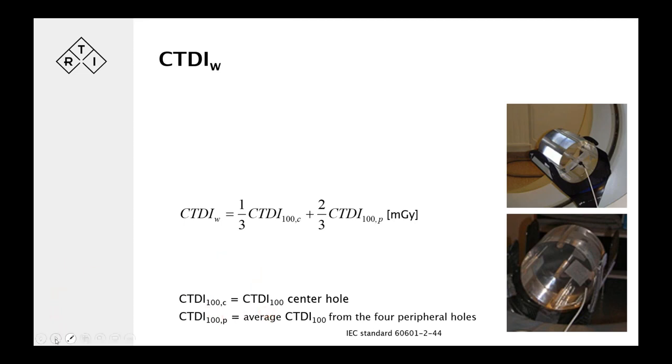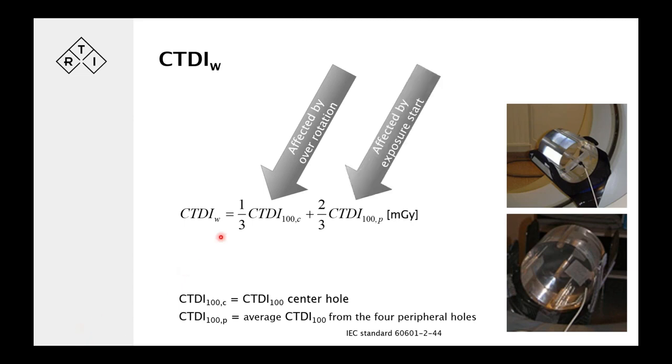What are we actually measuring? What are we looking at, and what are the effects? If we then take a step back and look at what it comes from, well, we have the exposure start error, which is then in the peripheral holes. That's the one. Then we have also the CTDI 100 in the center hole, which is affected by over rotation.